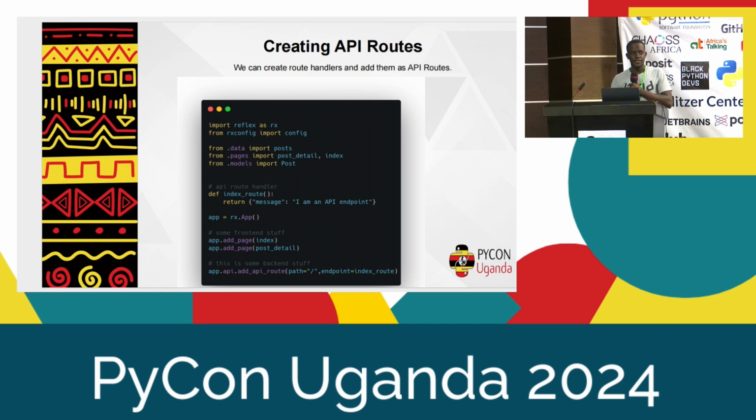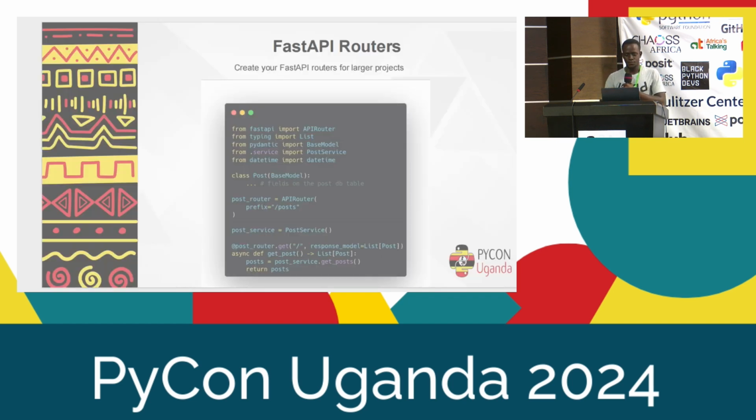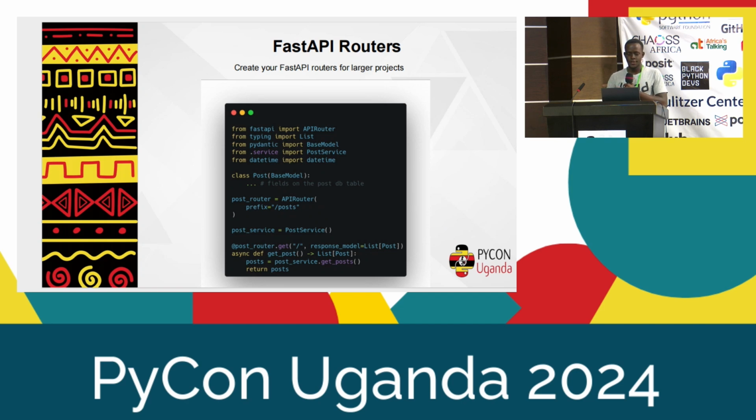You can also use FastAPI routers, like the way I did here. We created a post router. That post router has a prefix so that all the endpoints related to posts are accessed via the posts prefix. Then, let's say we have our service class that takes care of the CRUD. We can just call a method to get all the posts, and that will return the posts just like you see right here.